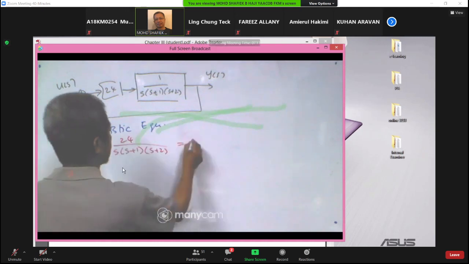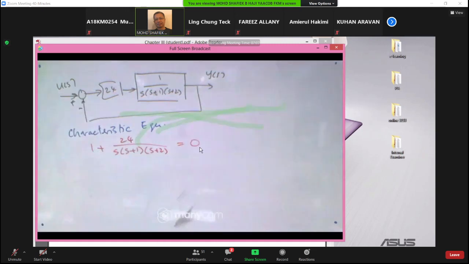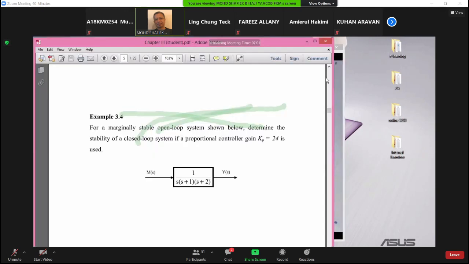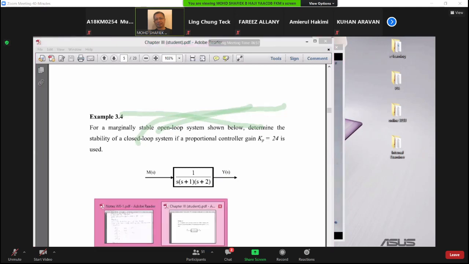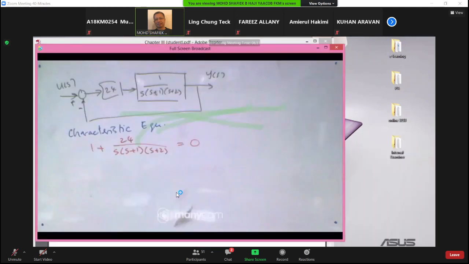So that is your characteristic equation. 1 plus GH equals 0 is your characteristic equation, the denominator of the transfer function. All right, so now you want to find the roots of this equation.